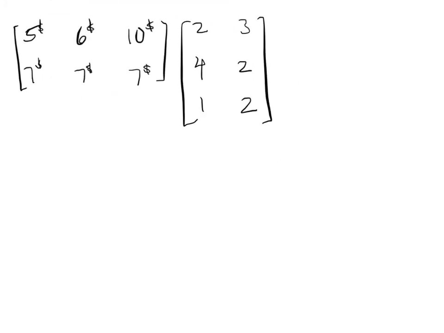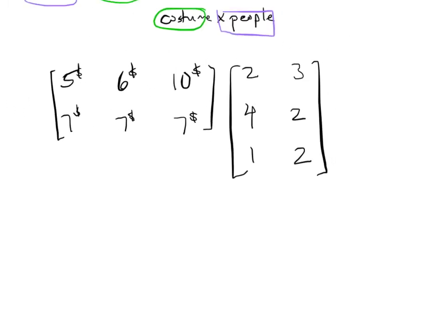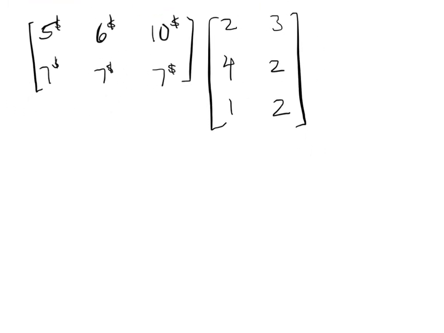So again, we'll have you. Now, this matrix, how many rows and columns are there? 2 rows, 3 columns. And this matrix? Be careful. Rows are like stories in a building.